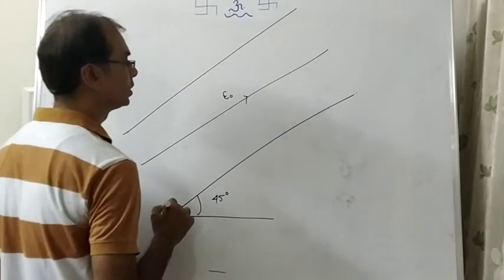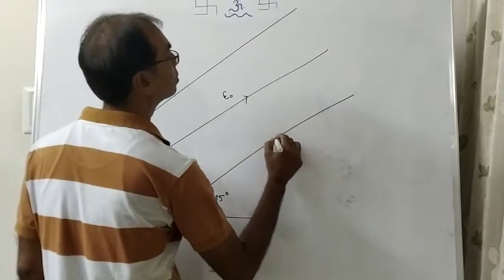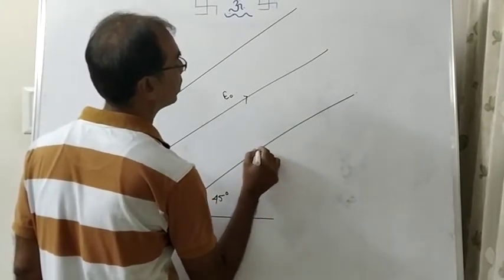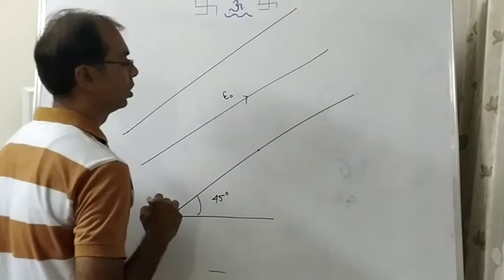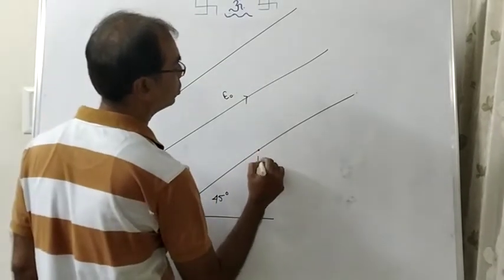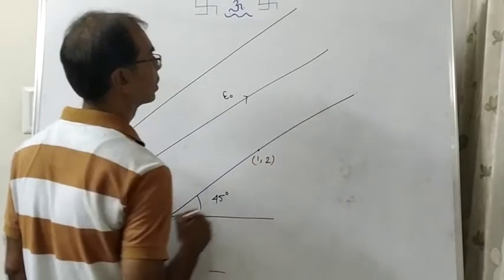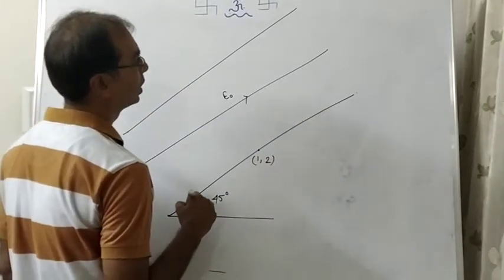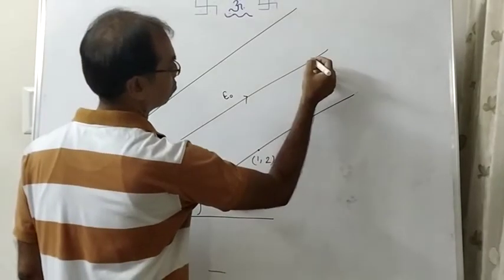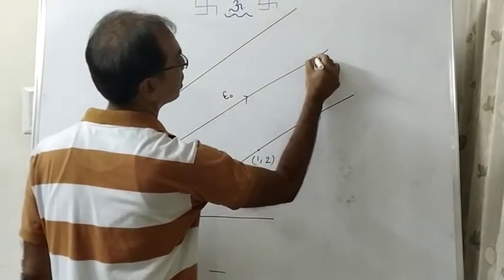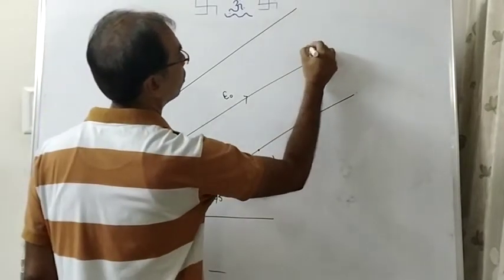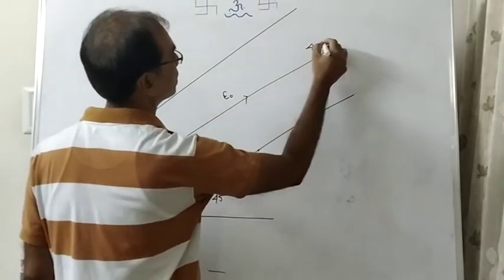Let's say a point is somewhere here and its coordinate is (1, 2), and another point maybe somewhere here, its coordinate let's say is (4, 6).